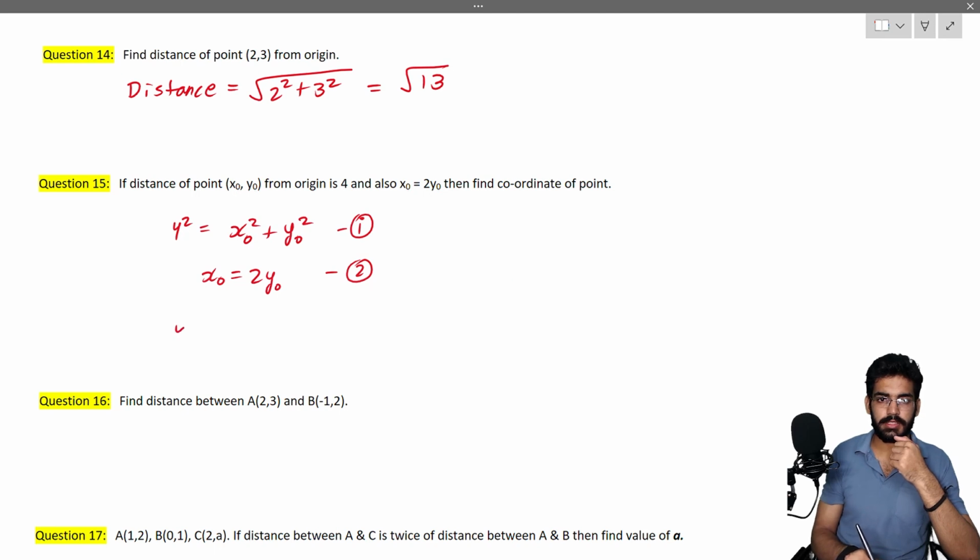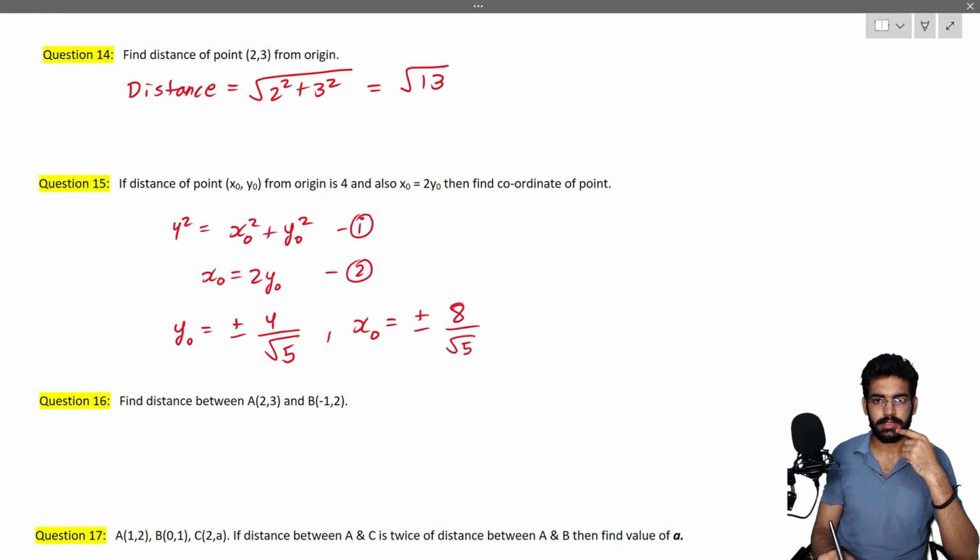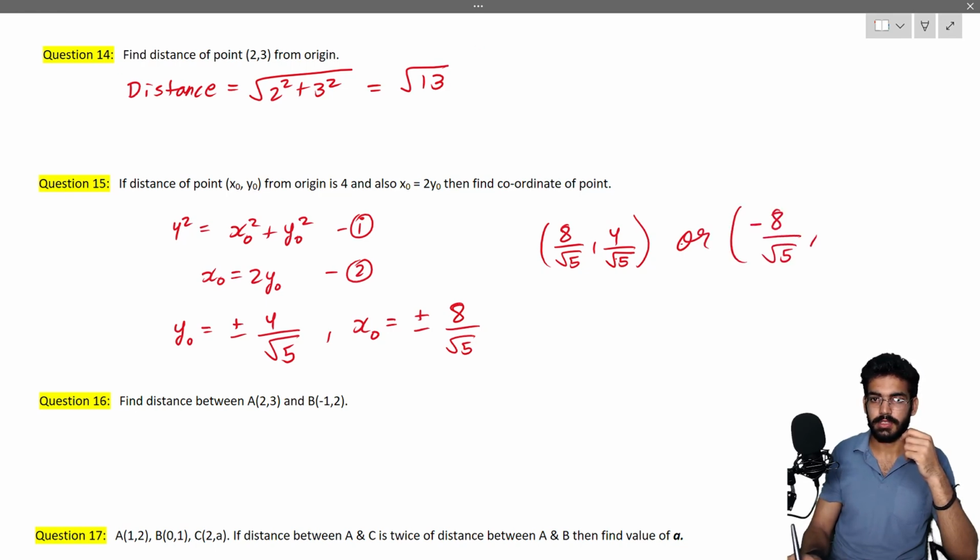So I will get y naught is equal to plus minus 4 by under root 5, and correspondingly I will get x naught is equal to plus minus 8 by root 5. So the points we have are 8 by root 5 comma 4 by root 5, and also a possibility is minus 8 by root 5 comma minus 4 by root 5.